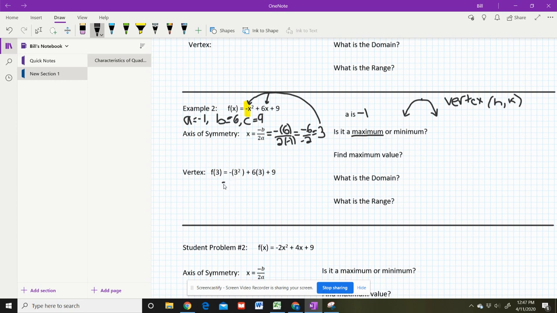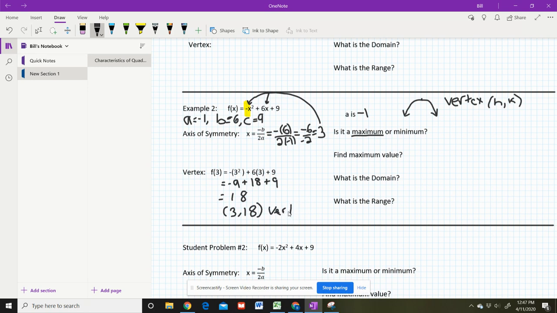So this ends up giving us a negative 9 plus 18 plus 9. The 9s cancel each other out, and we're left with a positive 18. So our vertex is 3, comma 18.